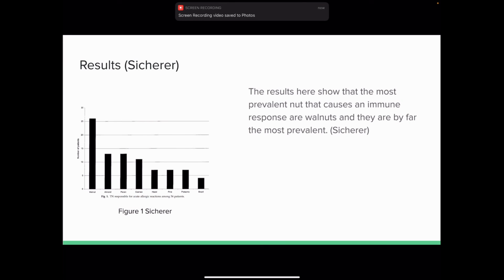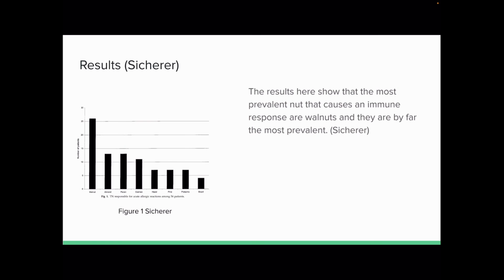Here's a figure from the second article I will be reviewing. The figure shows the amount of allergic reactions each tree nut presents. So of 54 patients tested, by far and away the most was walnut. About half of the people had reactions to walnuts.